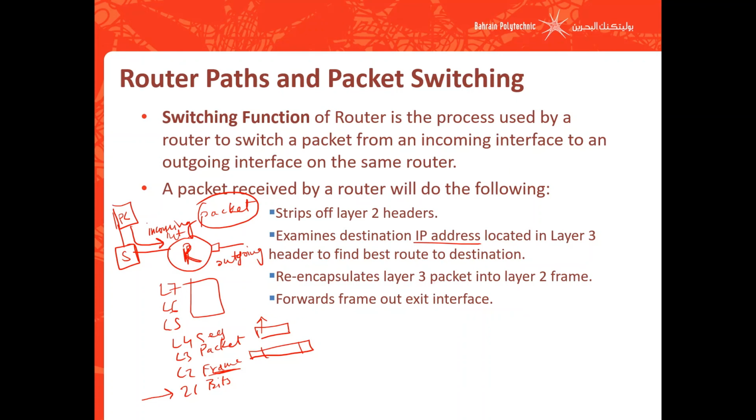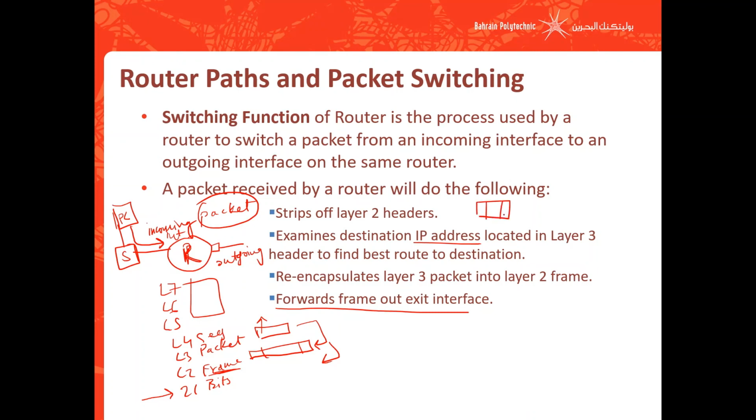Once it figures out where it needs to go, it adds the frame data again, and then it's converted to bits to again move through the network. Then it forwards the frame out the exit interface. Basically, it receives a frame.